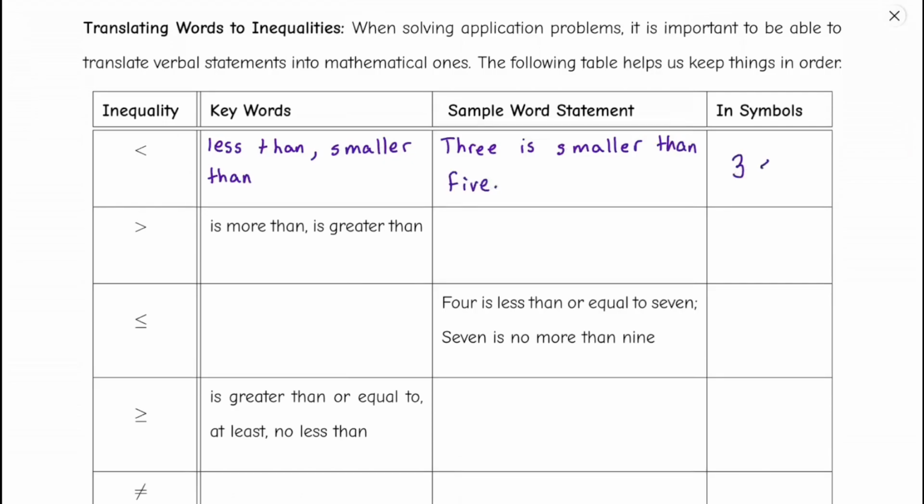In symbols, it would be written like this. For greater than, you can have is more than or is greater than. For example, 9 is greater than -1. Then in symbols, it would look like this.